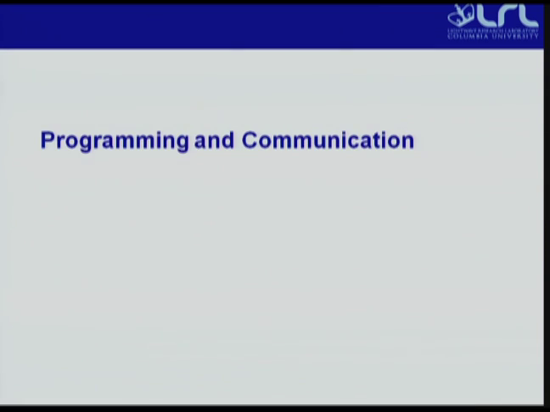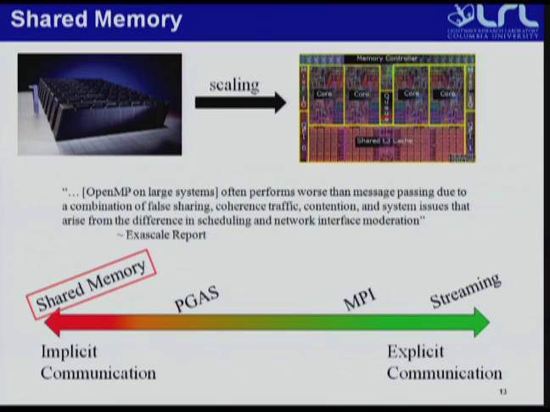So what I want to talk about briefly is what I'm calling programming and communication, programming model types of things. And I don't know all the answers to some of these things, but what we're trying to think about is building these networks for our chips 10 to 15 years down the road, and it's not obvious to me at least what kind of programming models are going to be used for that many cores in a small area.